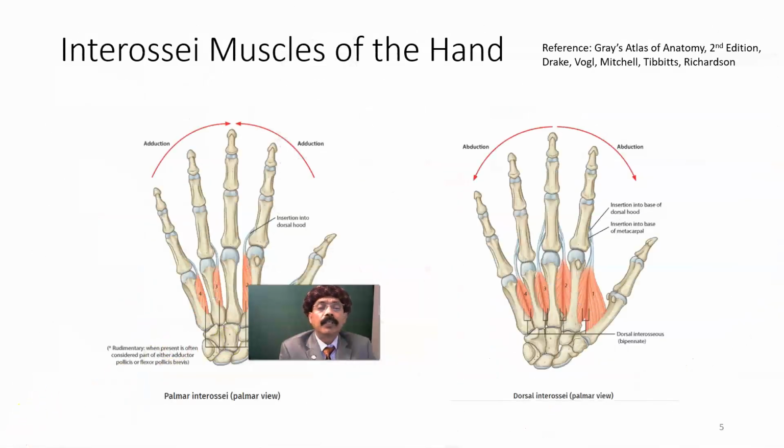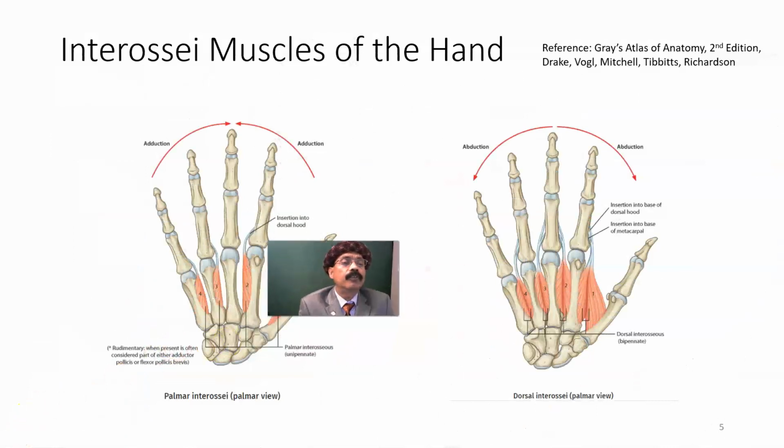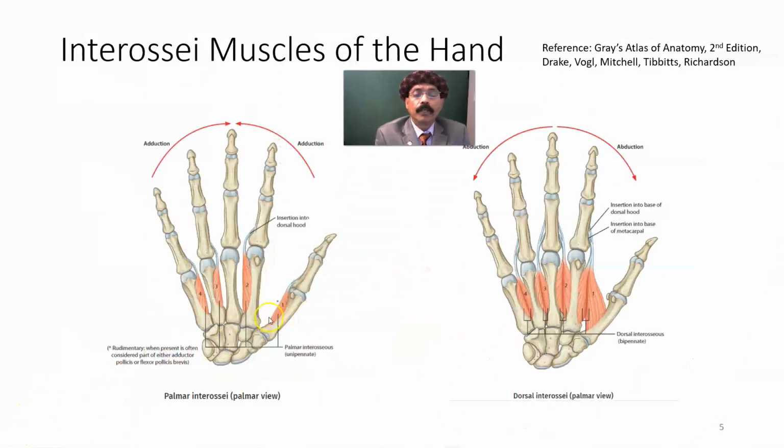Okay, we have the interosseous muscles. As I told, these are the deep muscles. We have the palmar interosseous muscle, dorsal interosseous muscle. Palmar interosseous muscle may be 3, maybe 4. So these are unipennate muscles according to the fiber direction, but dorsal interosseous are bipennate muscles, like this, like that, two-way muscle fiber orientation.